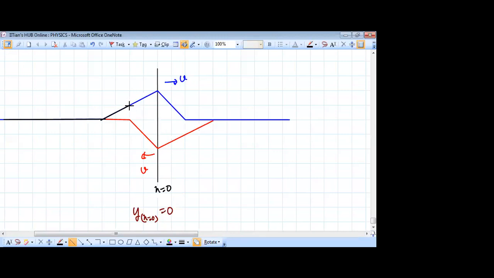But then it becomes like this. This is the resultant.